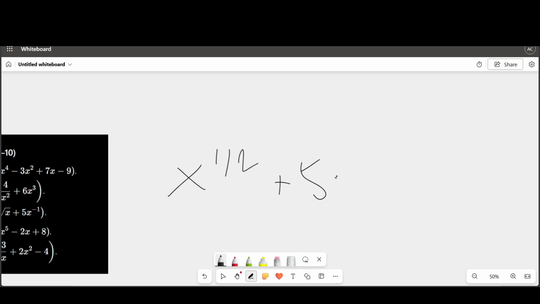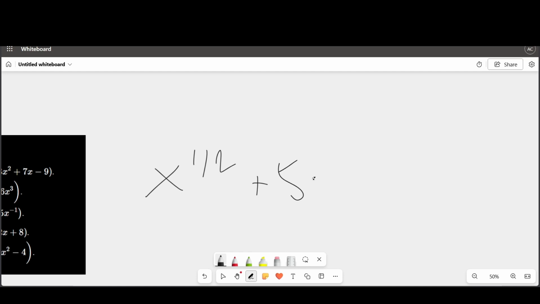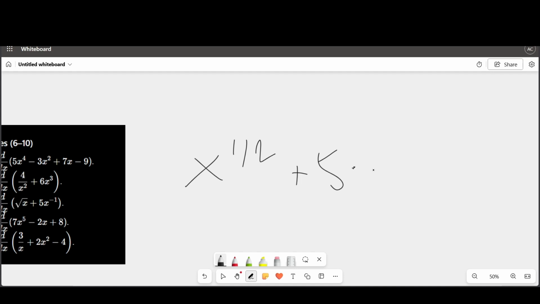So we have negative 1x over here, the negative 2.